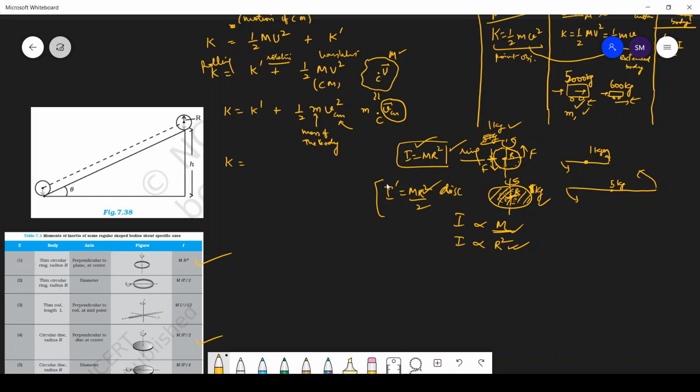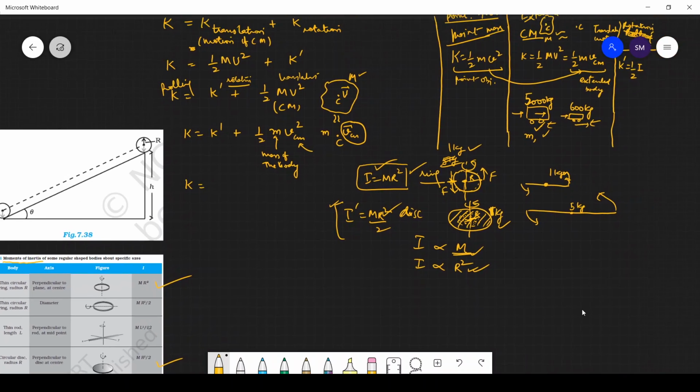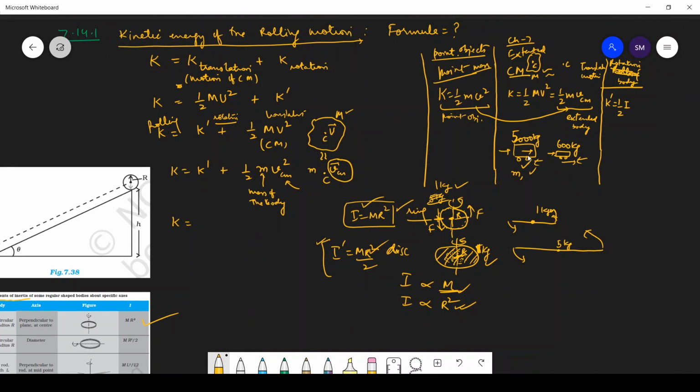This moment of inertia plays the same role as mass in translational motion. It doesn't allow the body to rotate, and if the body is rotating, it doesn't want the body to stop the rotational motion. So instead of mass in rotational motion, we have moment of inertia, and instead of linear velocity, we have angular velocity.